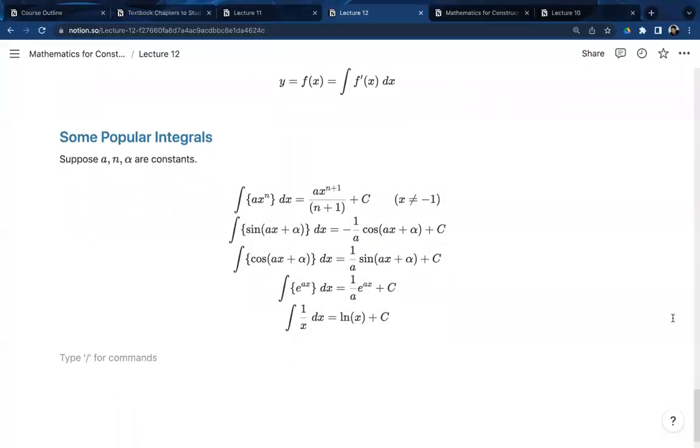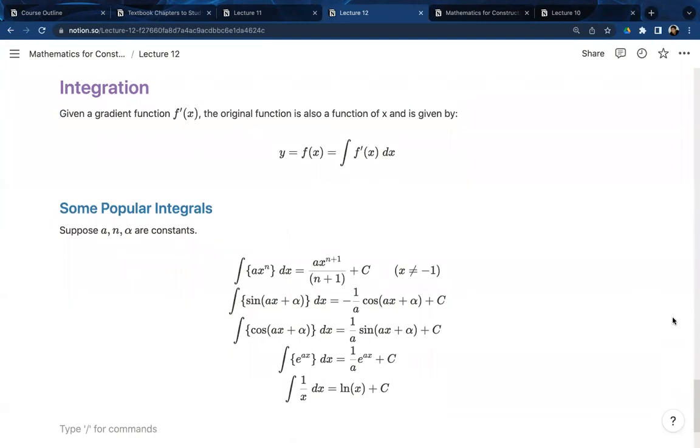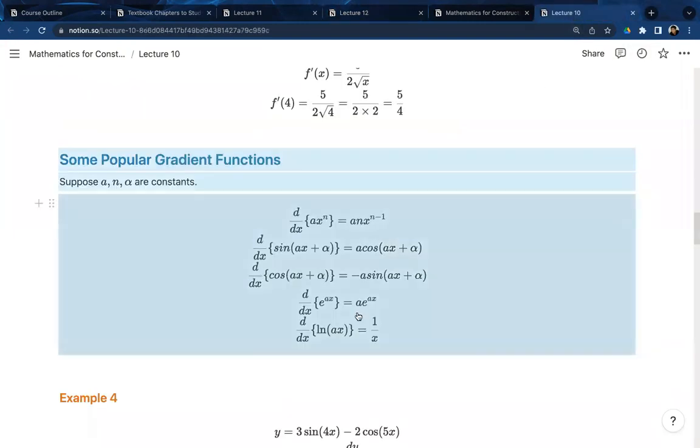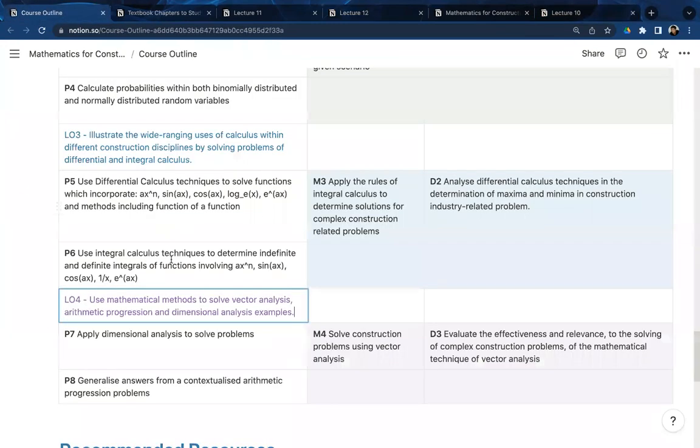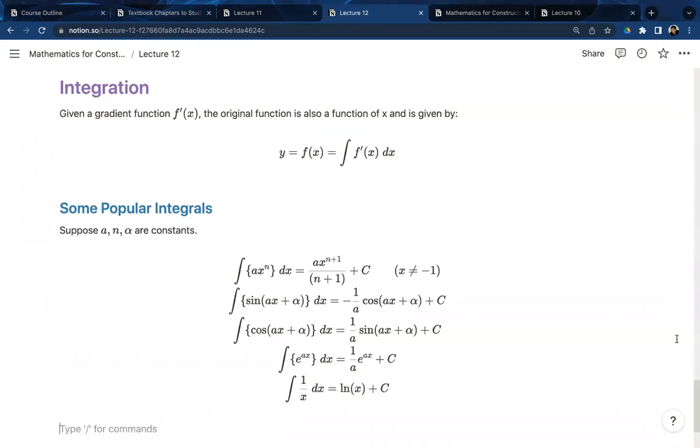These are some popular integrals, very similar to the popular derivatives. And this is what you need to know based on your syllabus. So we'll do some worked examples to show you how to find the integral.